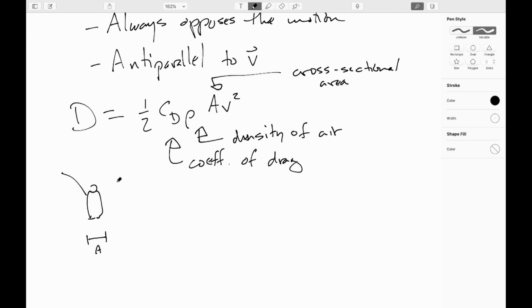But then after they pull the parachute, now their cross-sectional area just got a lot bigger. And then V is the speed of the object.